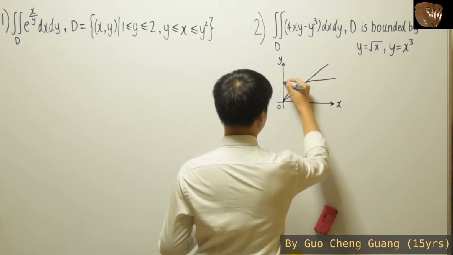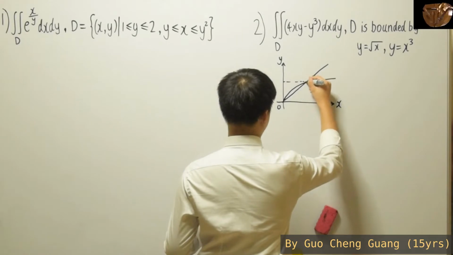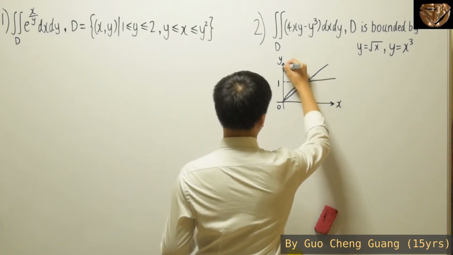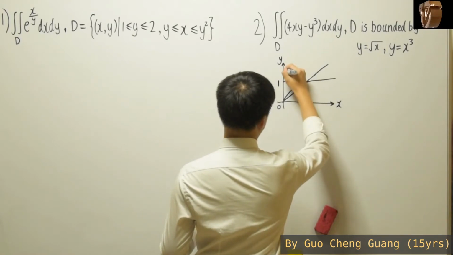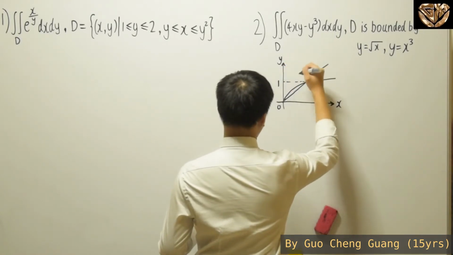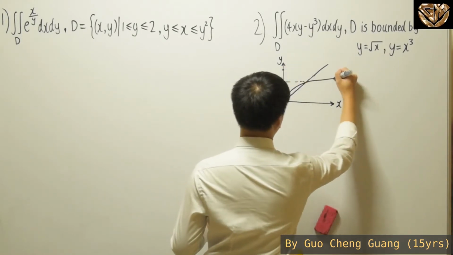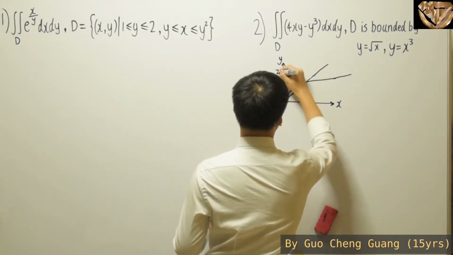We start y from 1 and end at 2, although 2 would be a lot further away, so let's just say we have 2.